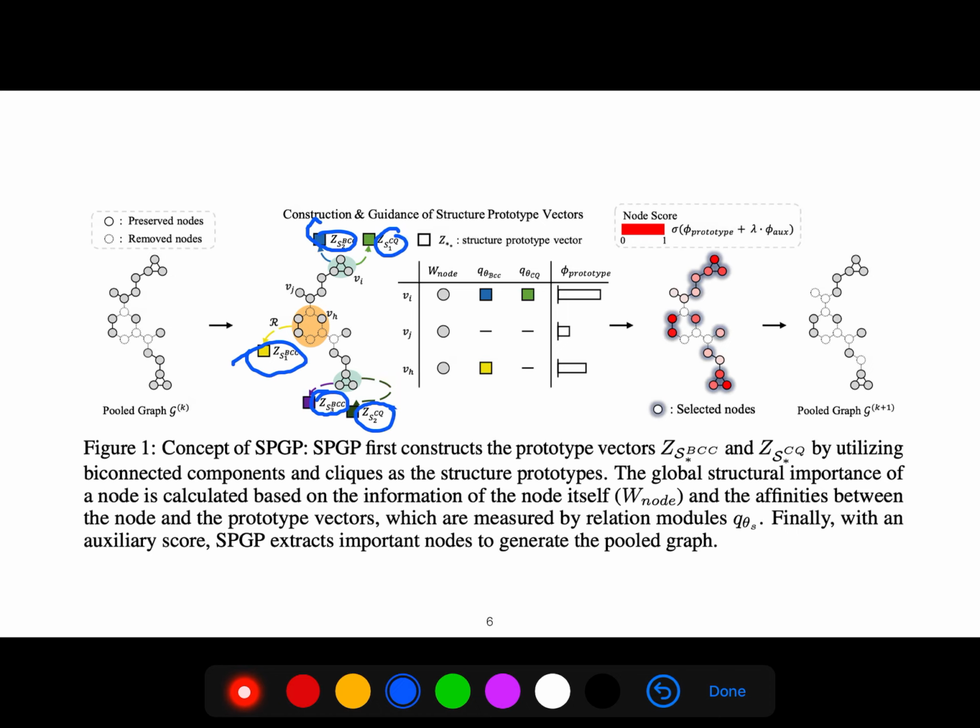So their structure is limited to cliques and bi-connected components.